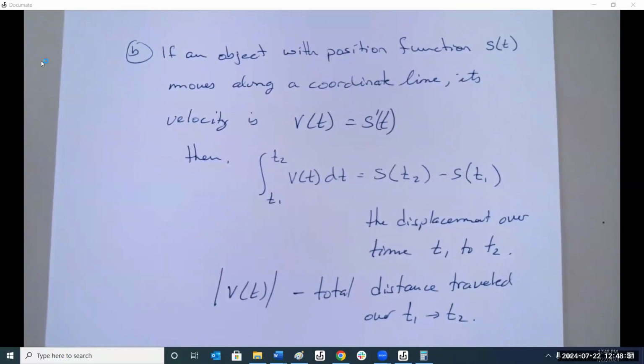We've talked about both of those already. It's now working backwards. We talked about marginal cost, we talked about marginal revenue, marginal profit. Now we're just working backwards.